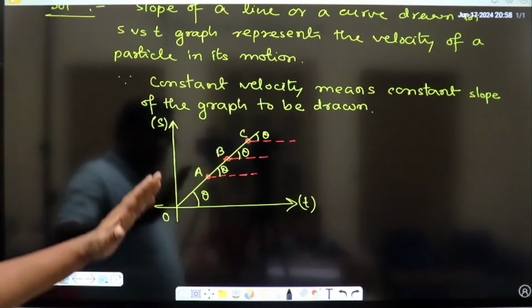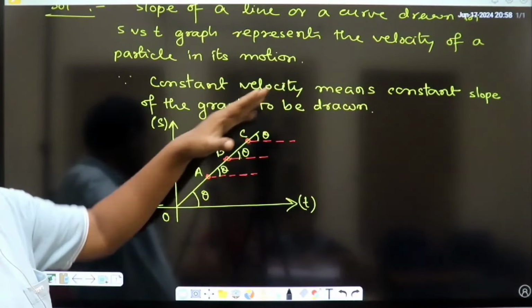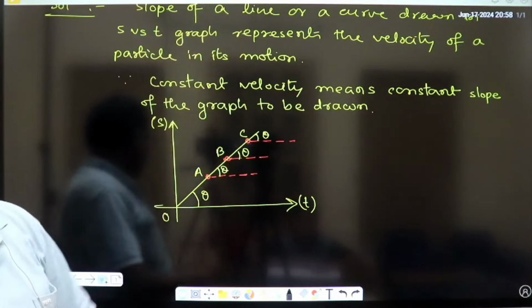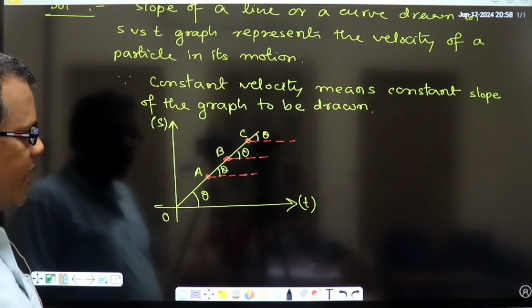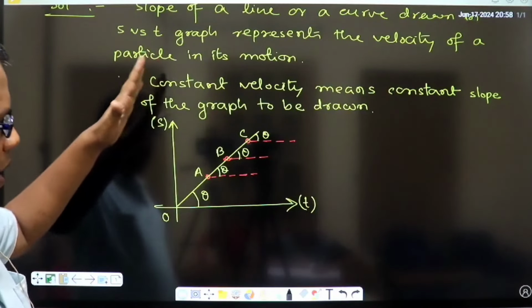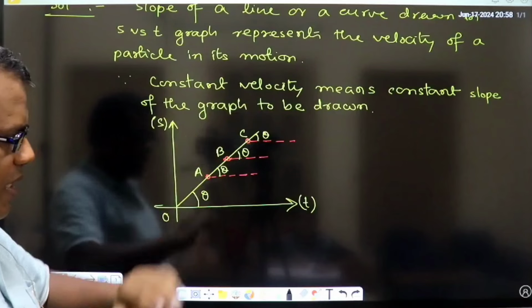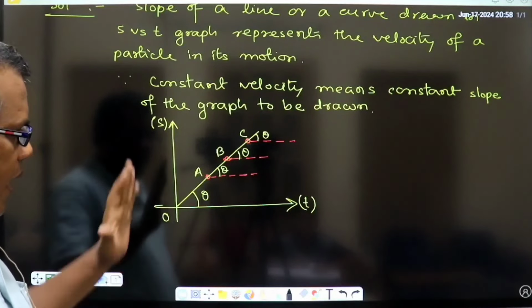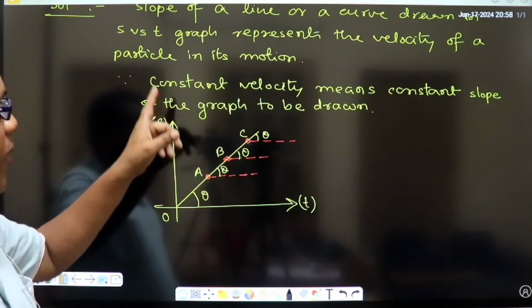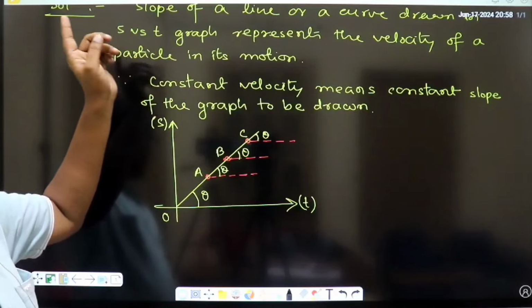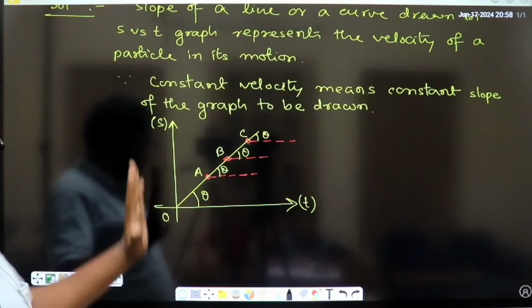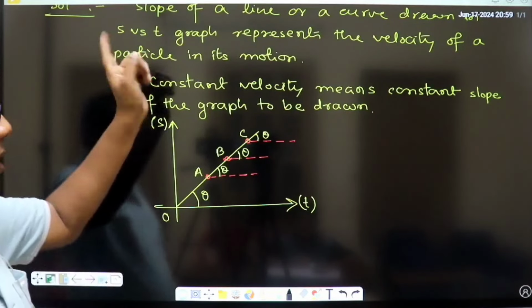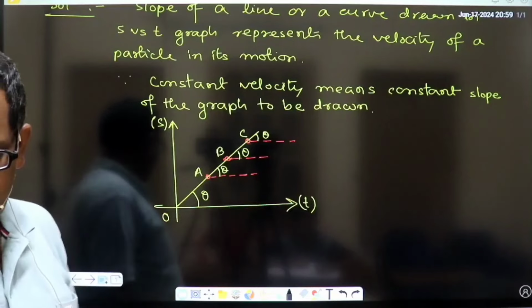As the elevation is found to be the same everywhere throughout the graph drawn in the S versus T plane. Whenever we write S versus something, the first one is shown on the y-axis versus whatever is shown on the x-axis.